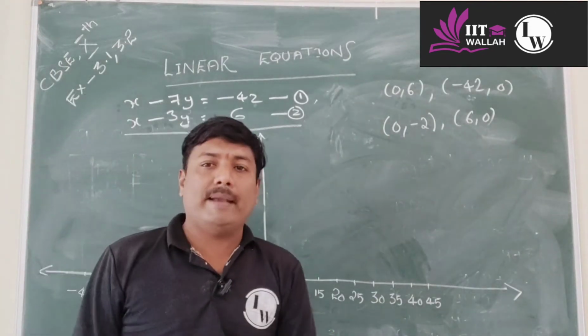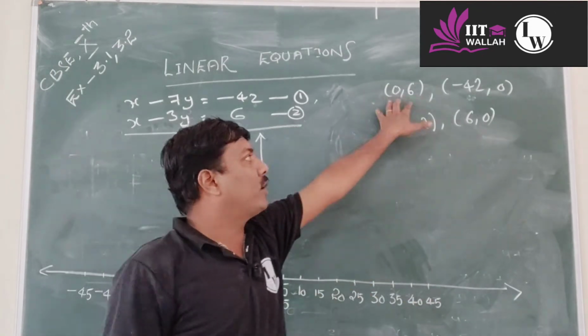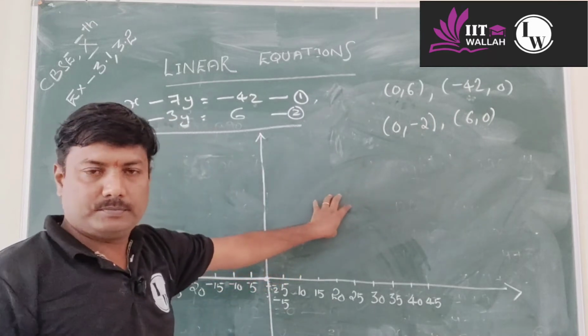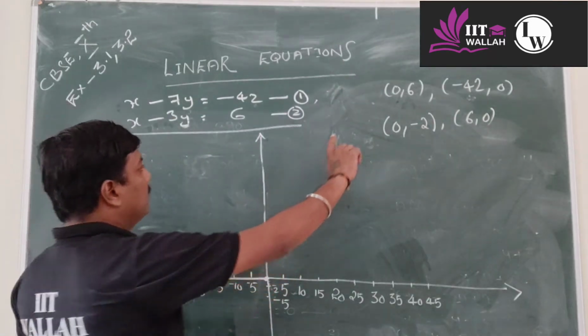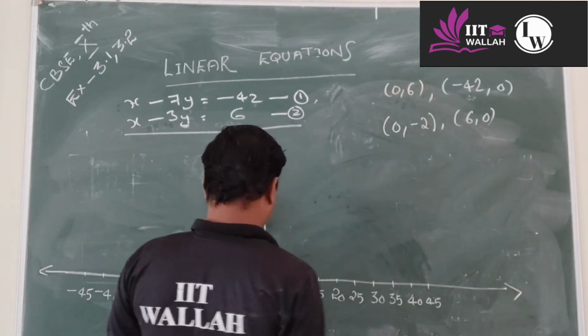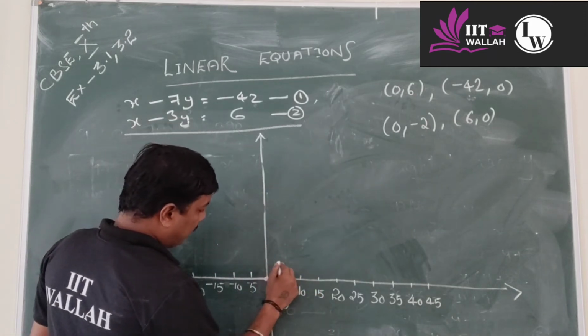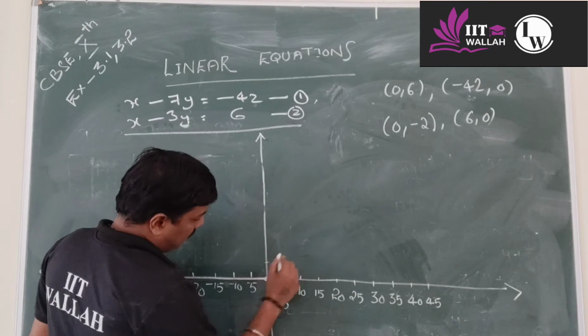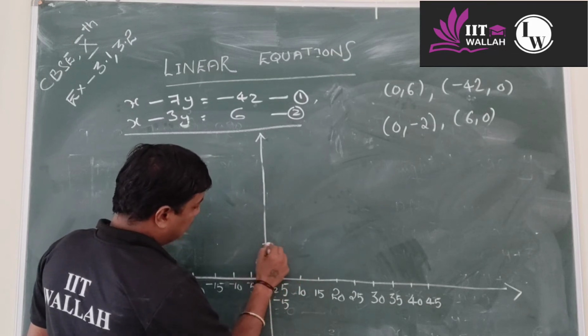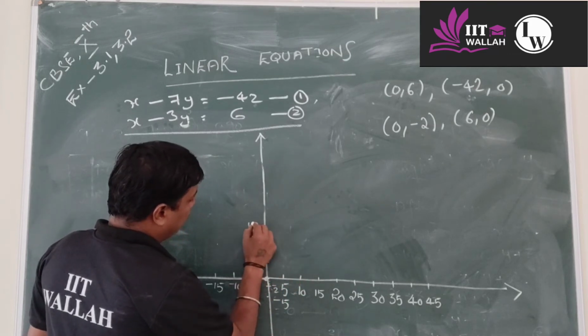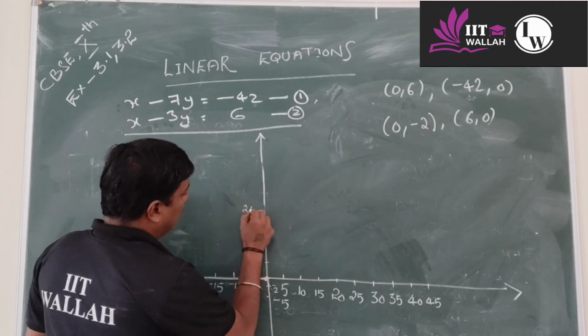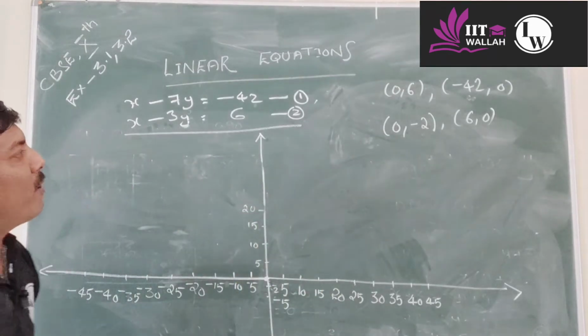Now, the step is, we have to notate these points on the graph. So first one is 0, 6. So this is 5, this is 10, this is 15, this is 20, like that. First point is 0, 6.